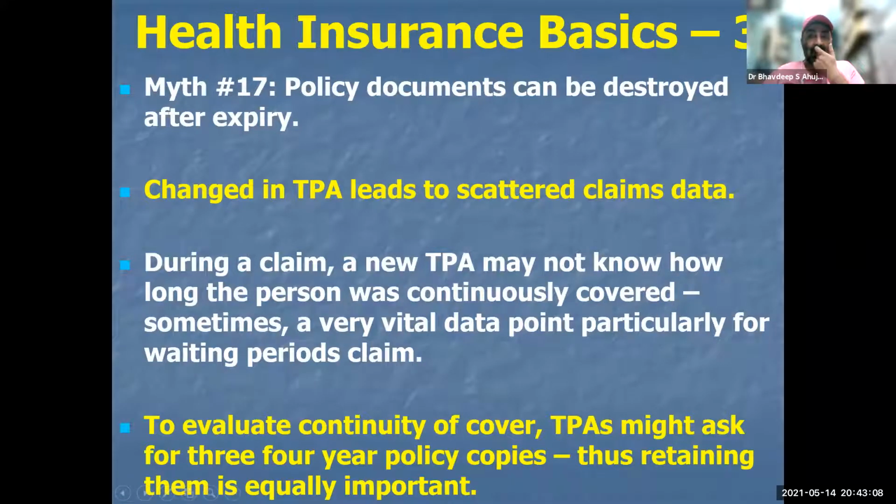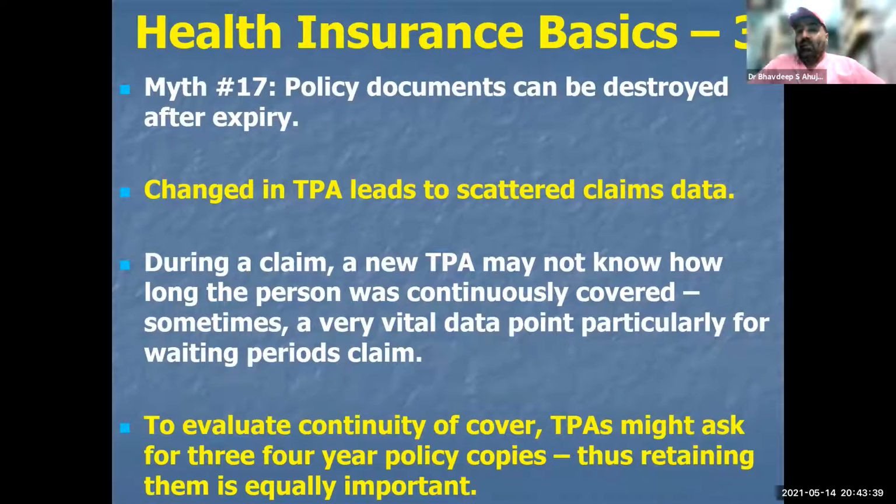Myth number 17, I mentioned: policy documents can be destroyed after expiry of 1 year, since the next year new documents are there. No. I mentioned many companies have changed: the HDFC Ergo merger, Apollo Munich merger, Apollo DKV merger, and then Apollo Munich merging into HDFC Ergo. There are 2 more plans which I'll be discussing, which actually change names. So a new TPA will not know what your contract was, and sometimes claims have scattered data.